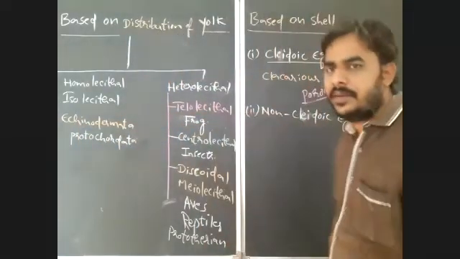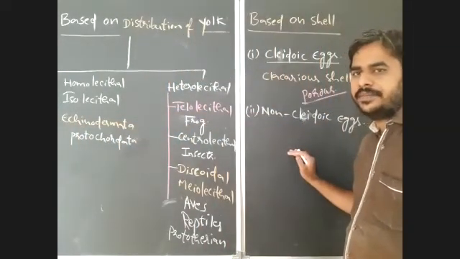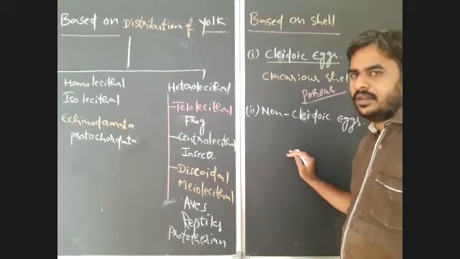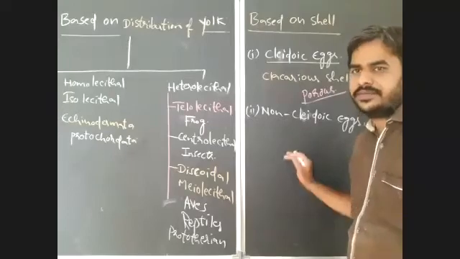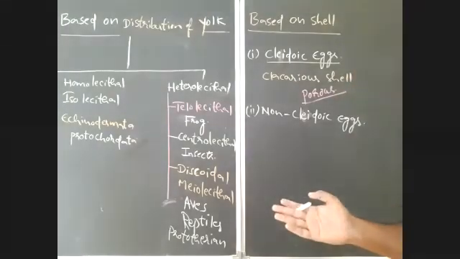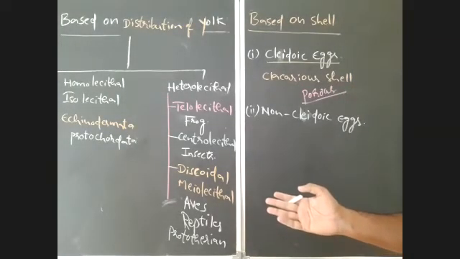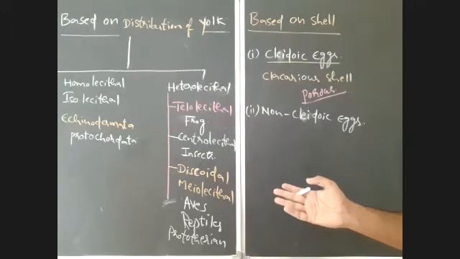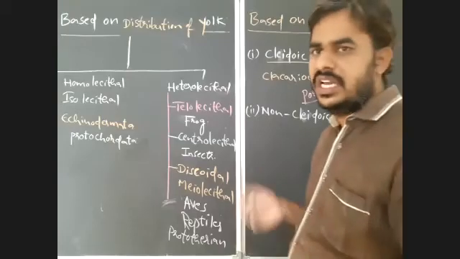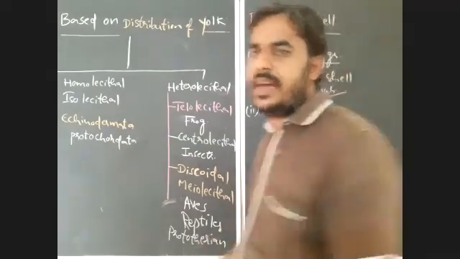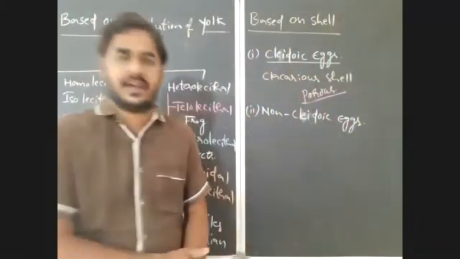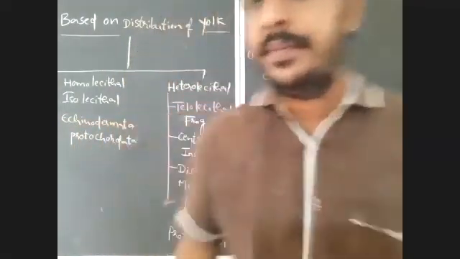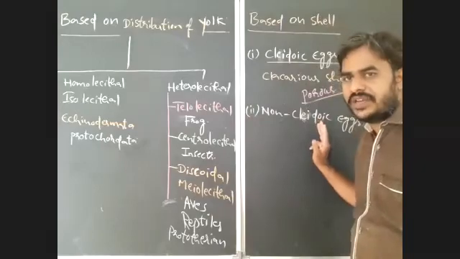What about other aquatic organisms, for example fishes and amphibians? Those are also non-cleidoic eggs. Non-cleidoic eggs are present in fishes, amphibians, viviparous mammals and other aquatic organisms which lay eggs inside the water. Right? That is clear about the third type of classification of eggs.